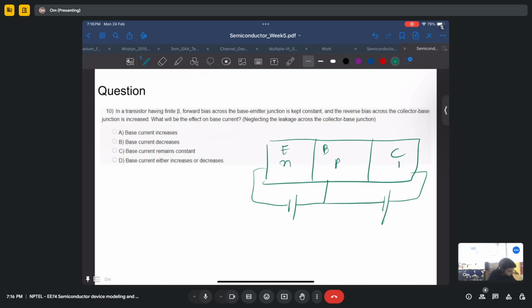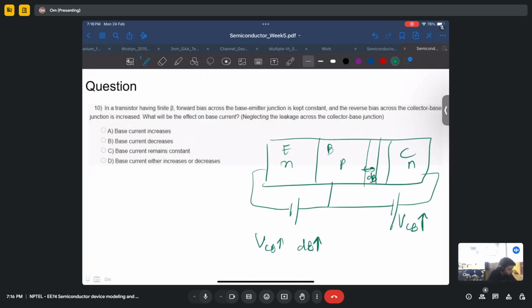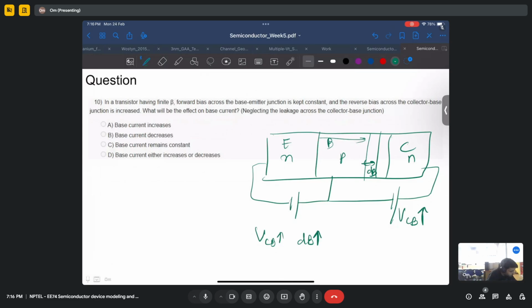NPN. So when we increase this reverse bias VCB, this depletion width will increase. So VCB will increase, the depletion width will increase. Right? And if it increases, the neutral base width, let's say WB, will decrease. And if WB decreases, the base current IB will decrease, which is your answer.